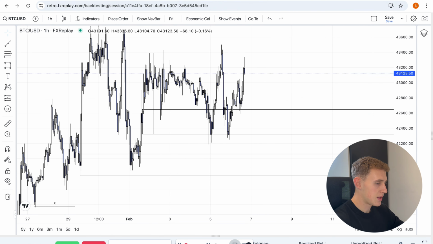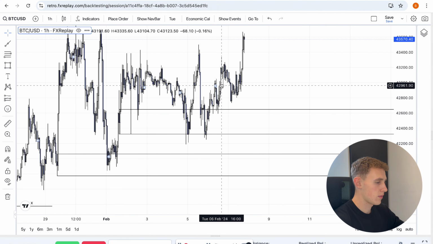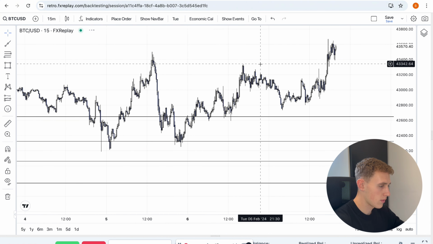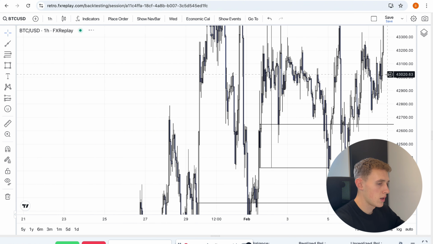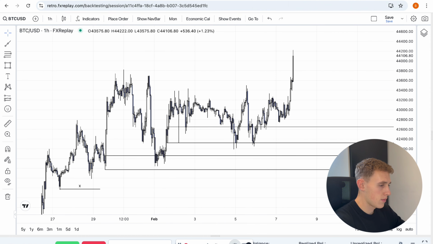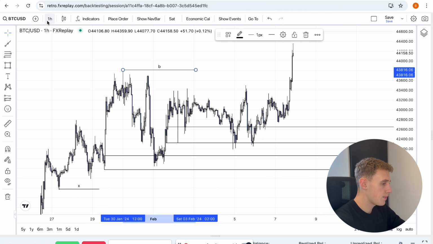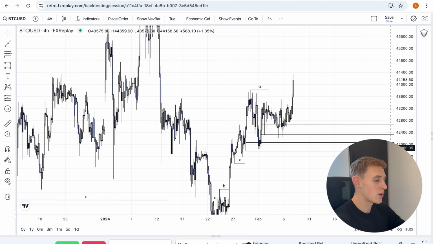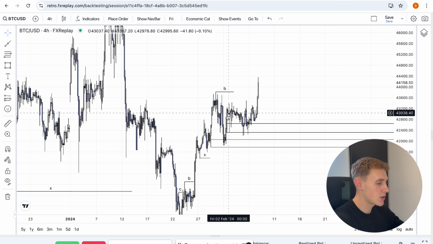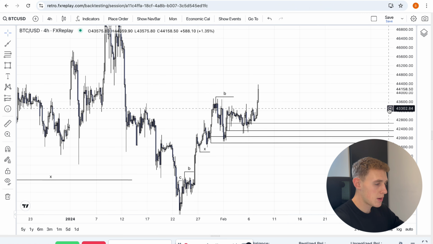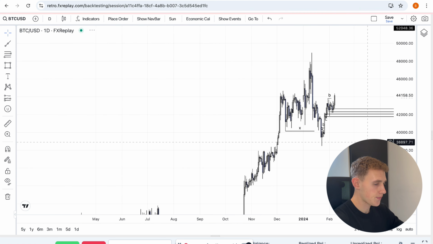Quite messy, I'm not really seeing anything clean. There you go, so that point of interest was very accurate. Again though, Bitcoin not really presenting any nice entries. All it does is really just consolidate, quite a messy consolidation and then an impulsive move. Similar to sort of how gold moves during wartime or geopolitical events.